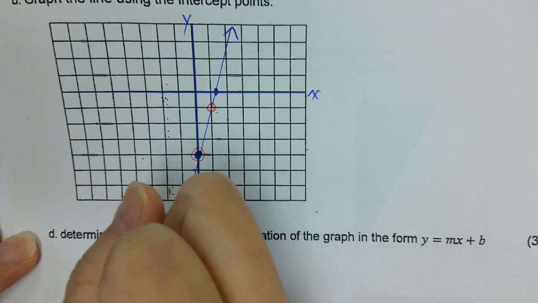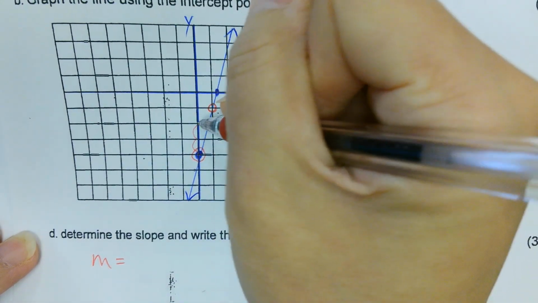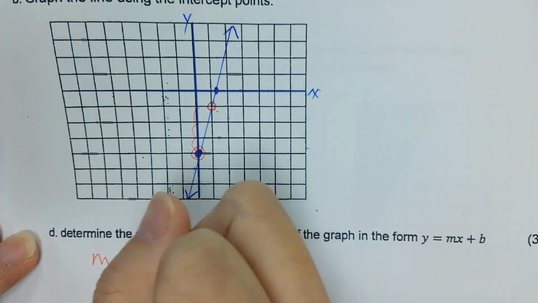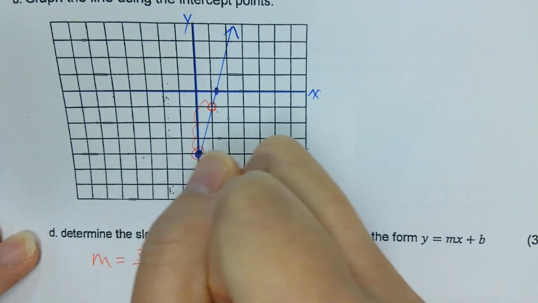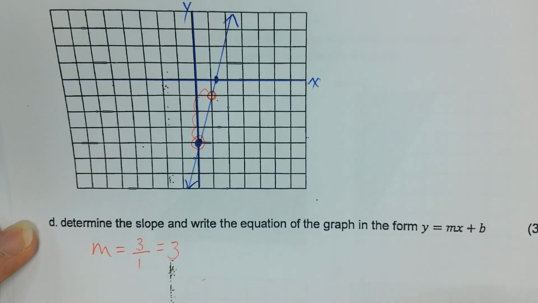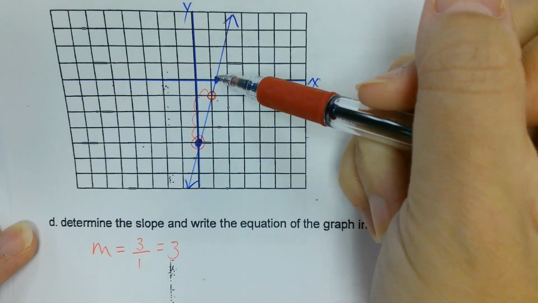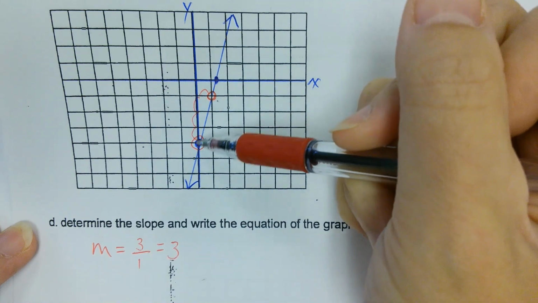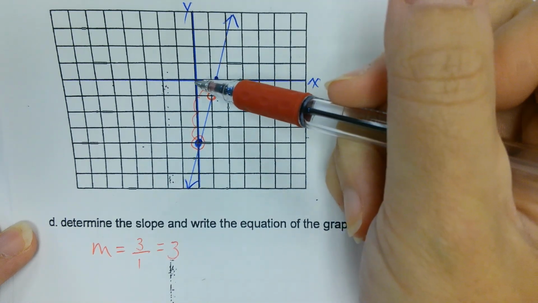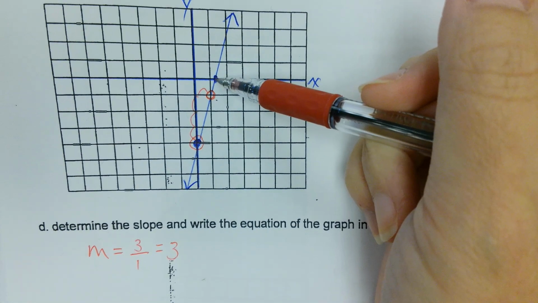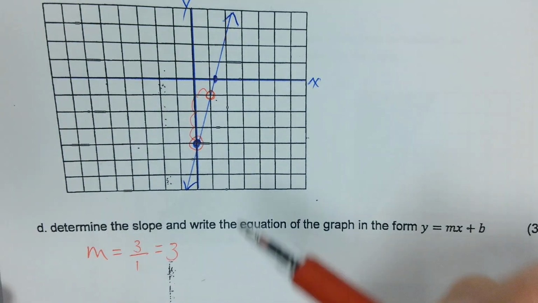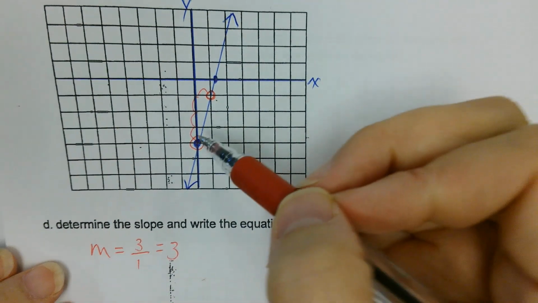So my slope, what's my rise? 3. What's my run? Yeah, so my slope is 3. Instead, if I use these 2 points, my rise would be 4 and my run is like 1.3, which is not a good point to use.